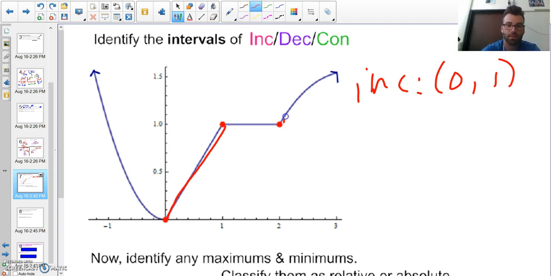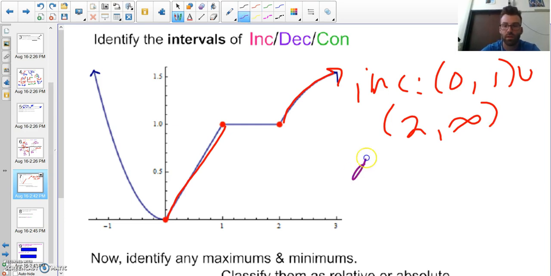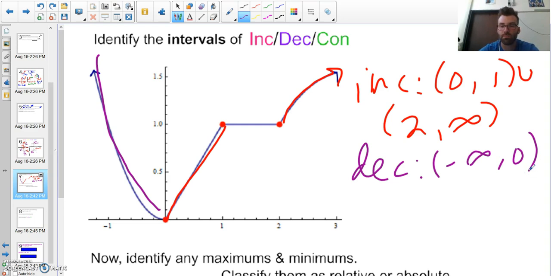And then it's increasing there as well, from 2 to infinity. Decreasing here, so from negative infinity to 0. Remember, we're not including the endpoints. And we are constant there, from 1 to 2.